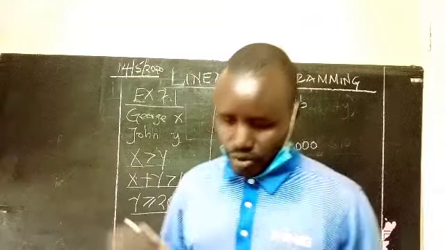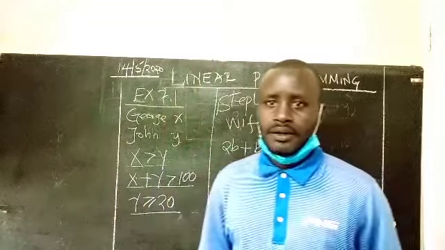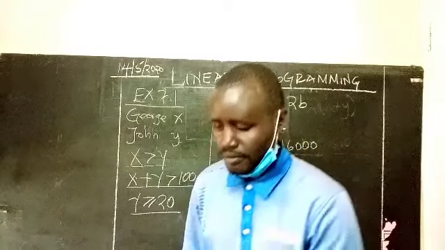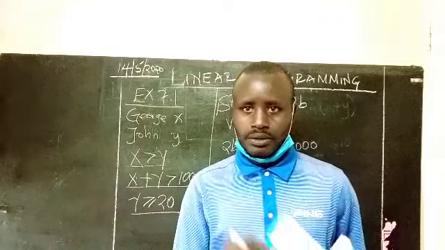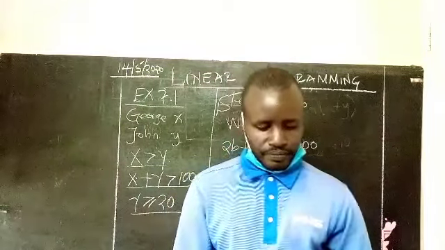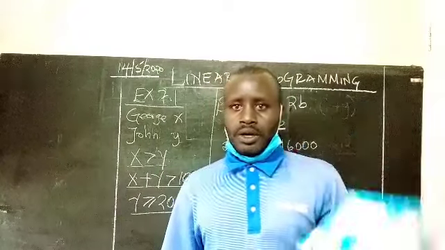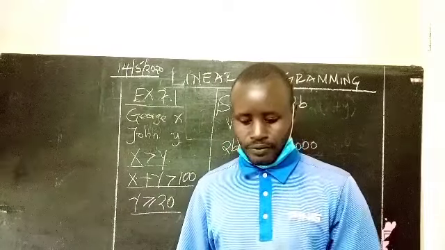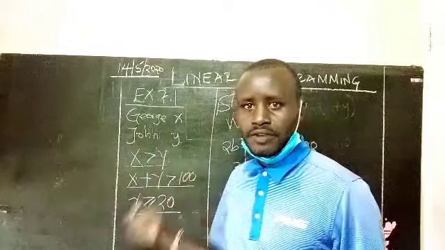So I want to give you an assignment in exercise 7.1, using the same book. I'm very sure that you can get a copy from somewhere. I'll also forward the questions to you later in this video.